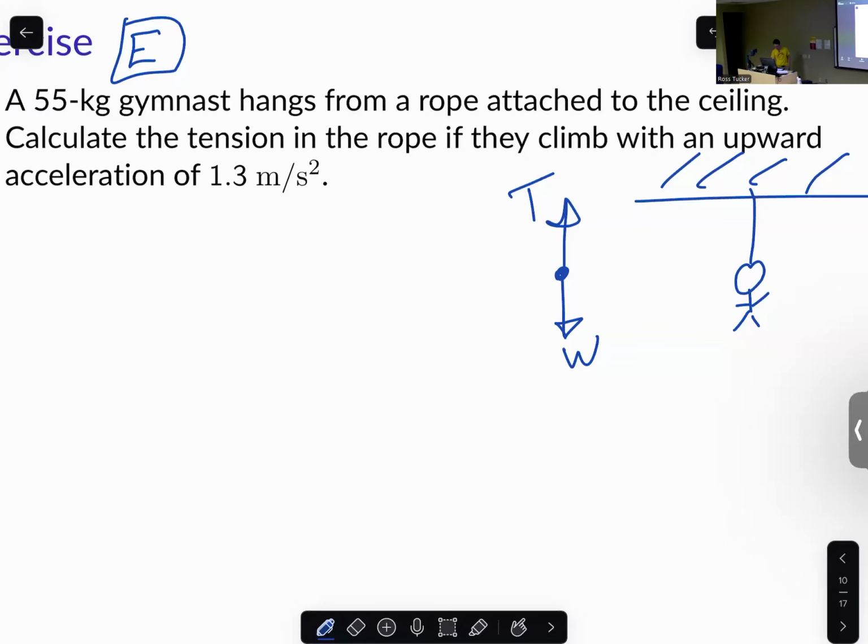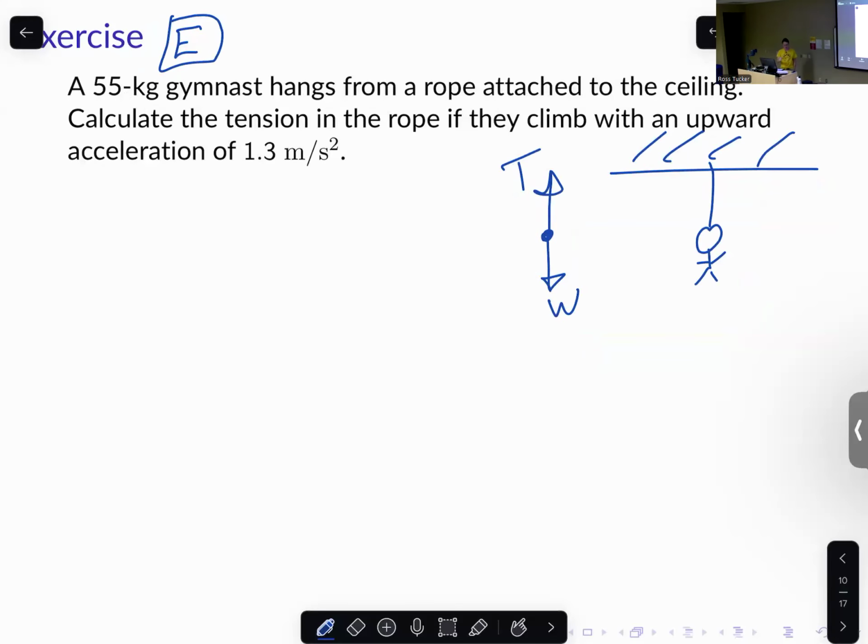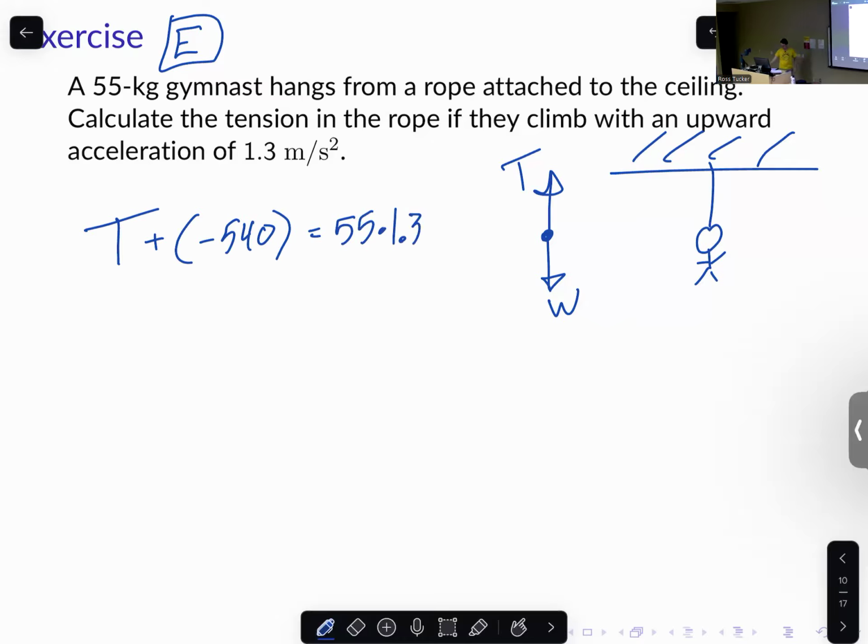Okay, so the correct answer for what I've been guiding you up here is there are no new forces, and we can write down the same equation that we did before. Oh, I know the mass. There are no new forces.